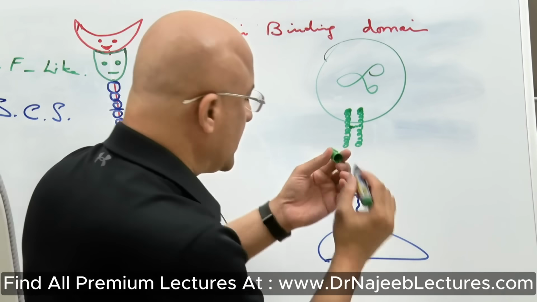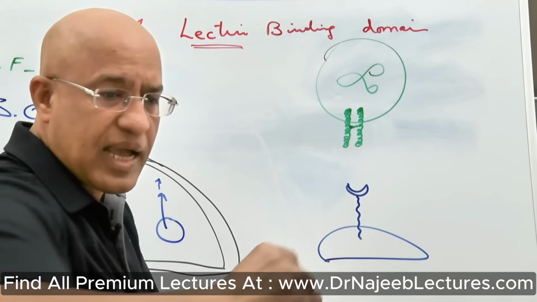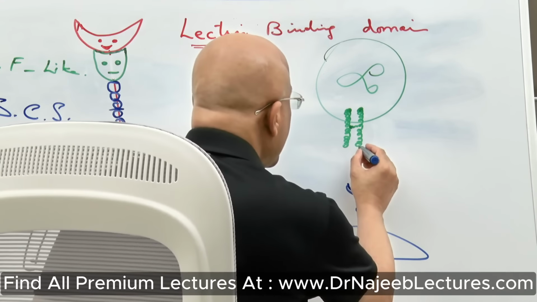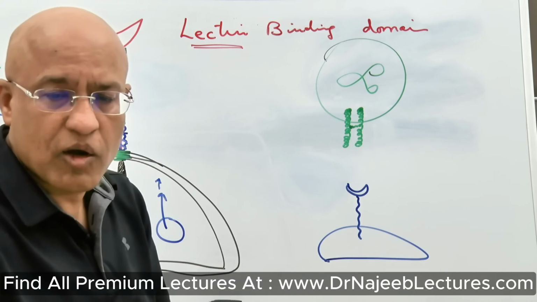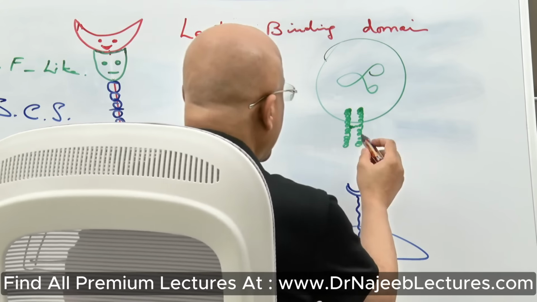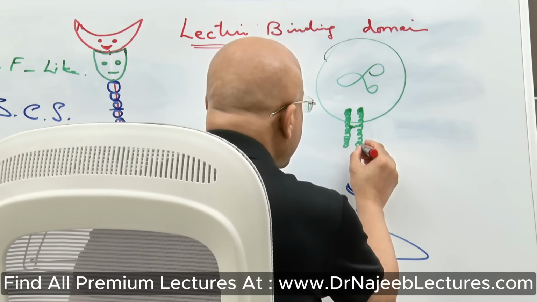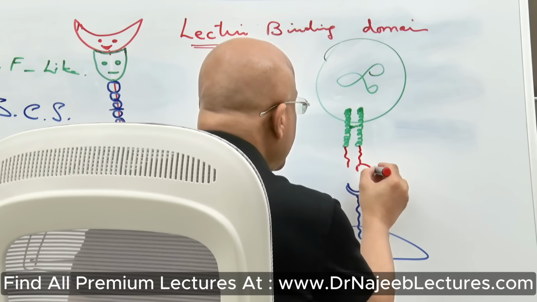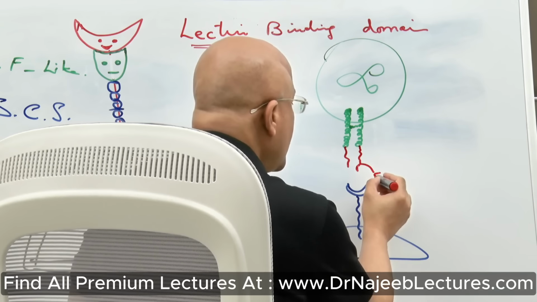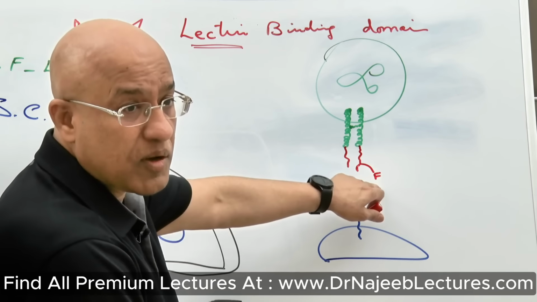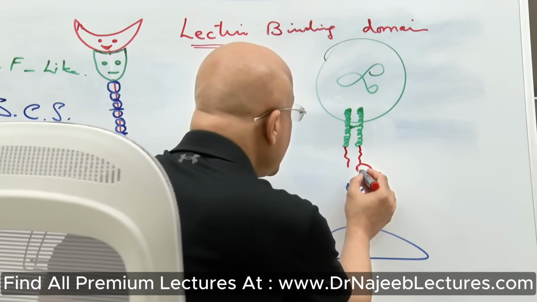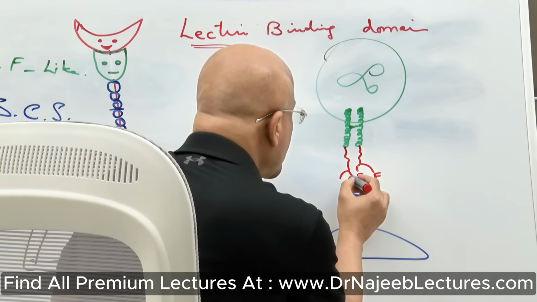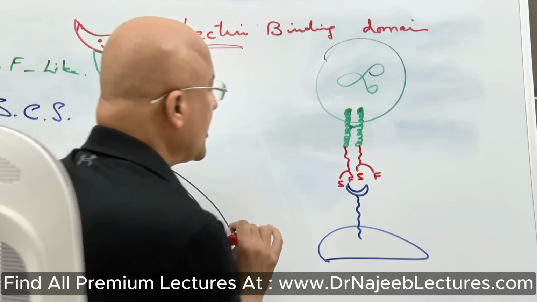These two glycoproteins, right, have a short oligosaccharide, and that oligosaccharide has two very important components. One is fucose, this F is for fucose, and the other is, yes, sialic acid. This is also fucose and sialic acid.